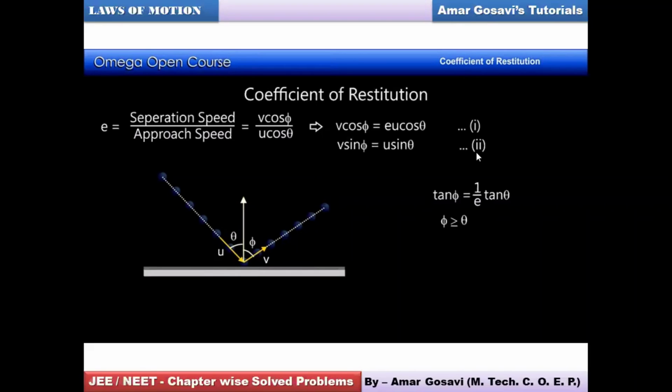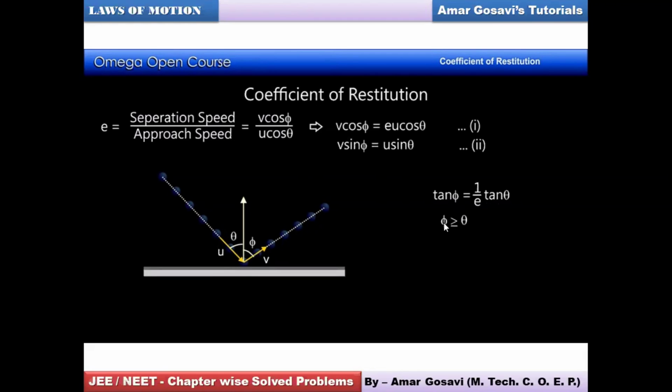Now when I divide 2 by 1, v will get cancelled, and sin phi upon cos phi would be tan phi. Here u will get cancelled on the right hand side. 1 upon e will remain as it is, and obviously sin theta upon cos theta would be tan theta. So always remember one thing, from this equation you can gauge that phi has to be always greater than or equal to theta.